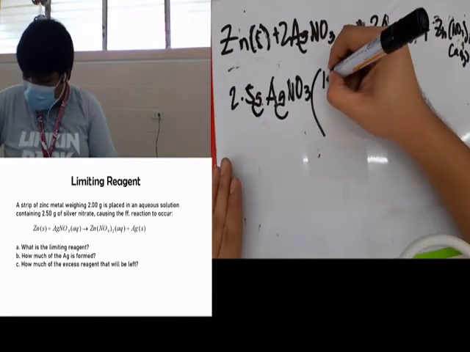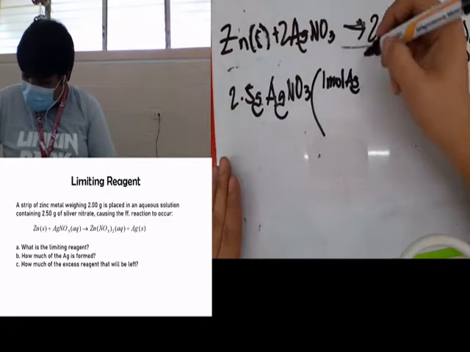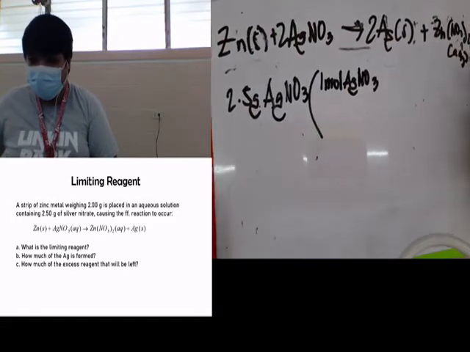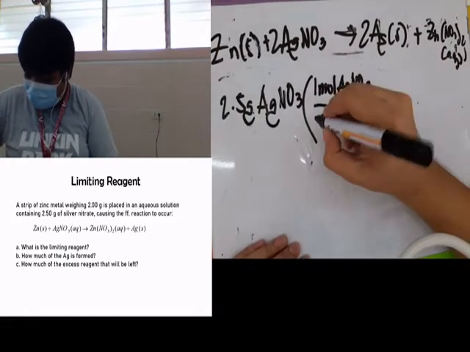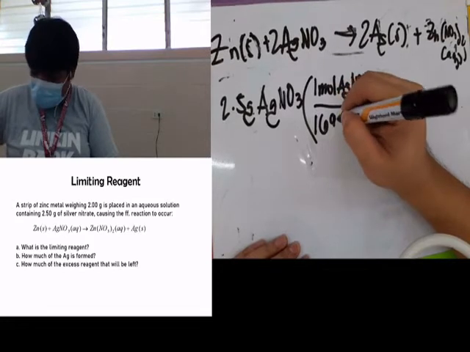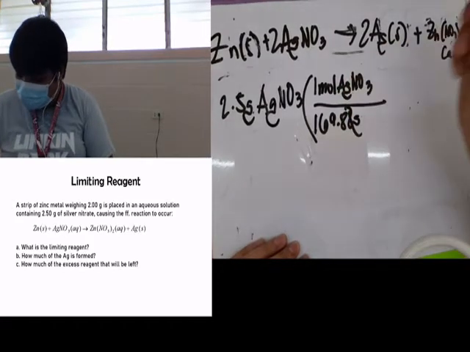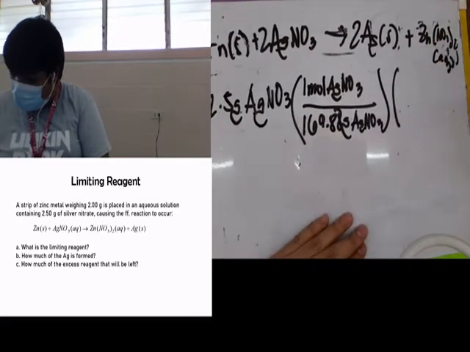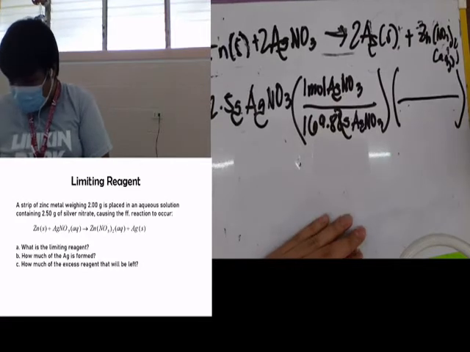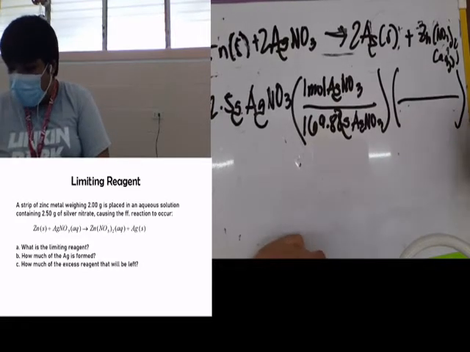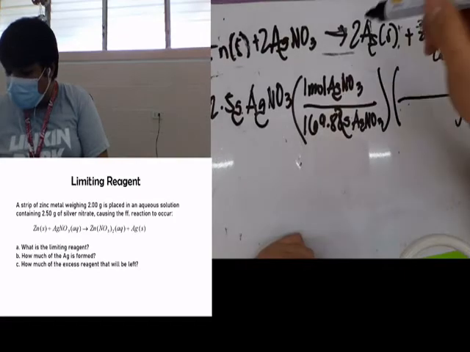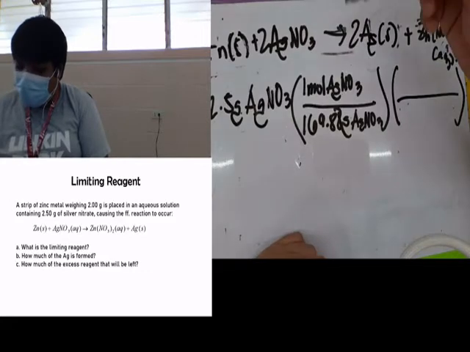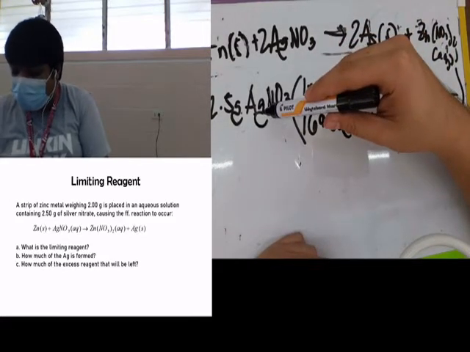So we do repeat the same stoichiometric calculations, but this time our unknown here will be the silver. So 1 mole, 169.88 grams. Then we convert this to moles using our stoichiometric calculation, or using the coefficients in the balanced reaction, or you can just use the subscript of silver in silver nitrate.